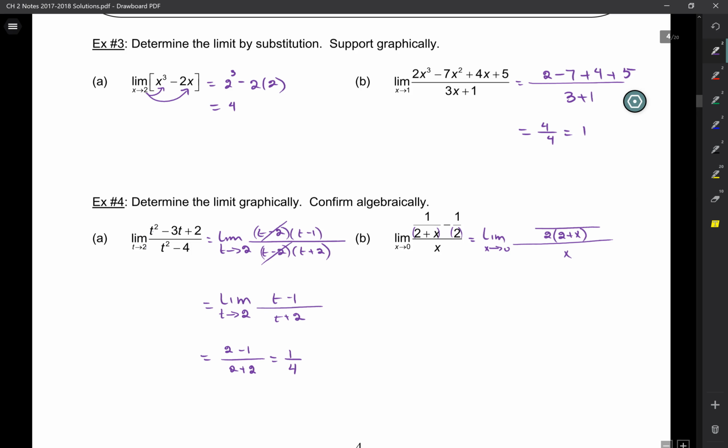So on the top, we're going to get a 2 plus x minus, what are we going to get on the top? It's going to be 2 minus 2 plus x. Okay?